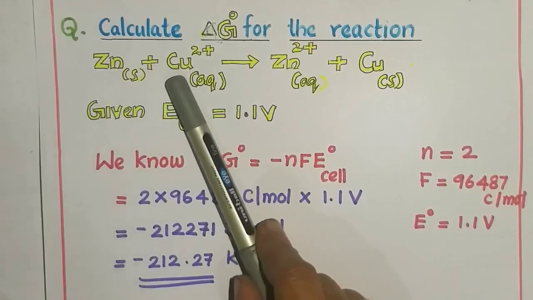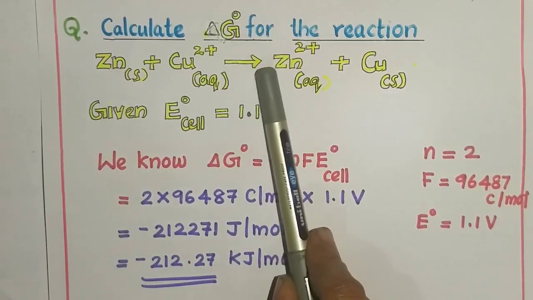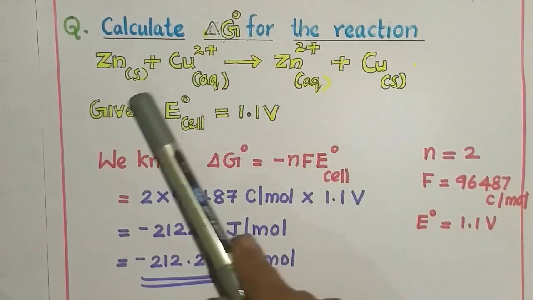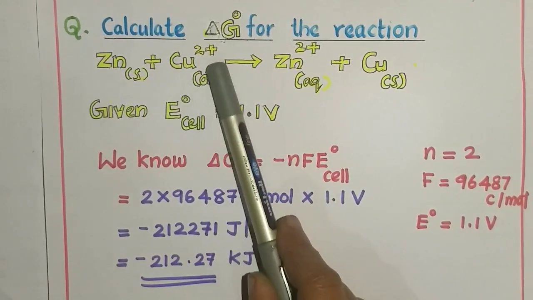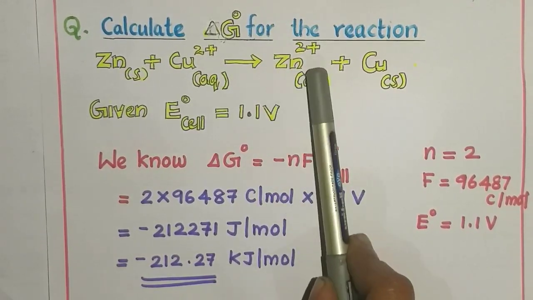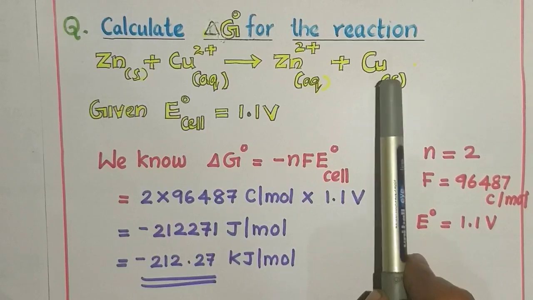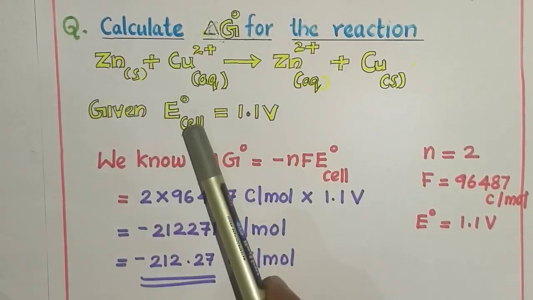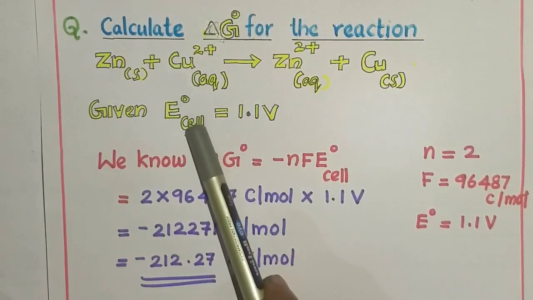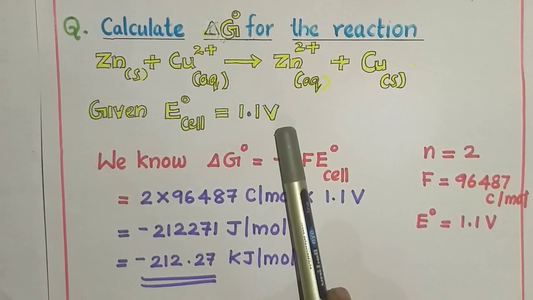Now we calculate the standard Gibbs energy change of a reaction. Zinc solid plus Cu2+ aqueous gives Zn2+ aqueous plus copper solid. This is the cell reaction of Daniell cell. Given the cell potential under standard condition is 1.1 volt.